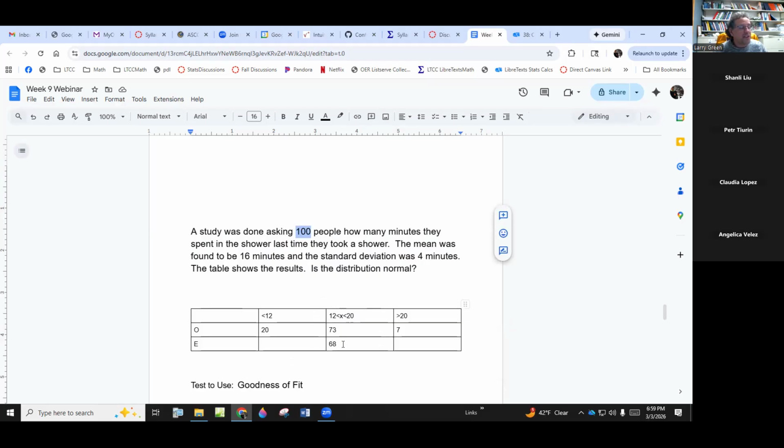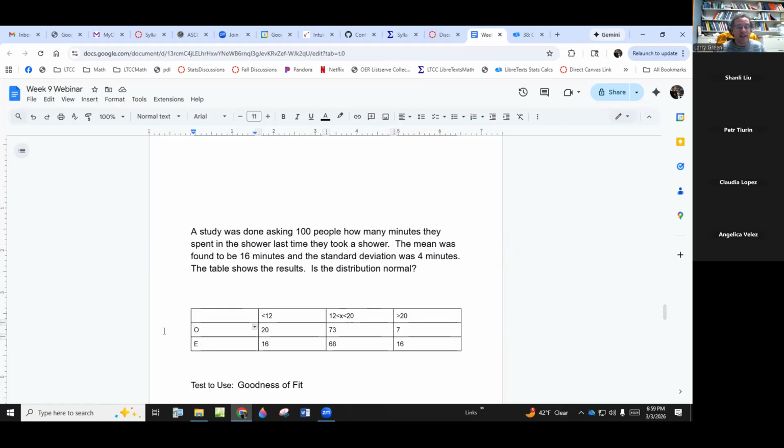So if there's 32 total outside, how much is on the left? 16, because 32 divided by 2 is 16. How much is on the right? That should be really easy. 16 again. It's symmetric. And now we have our observed and we have our expected.